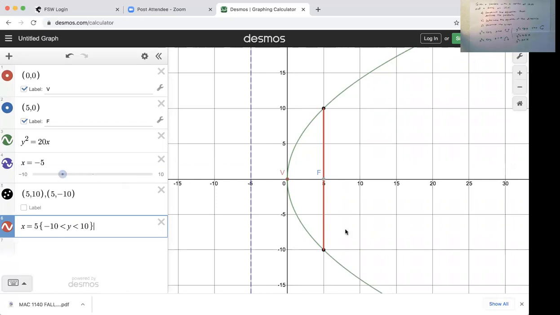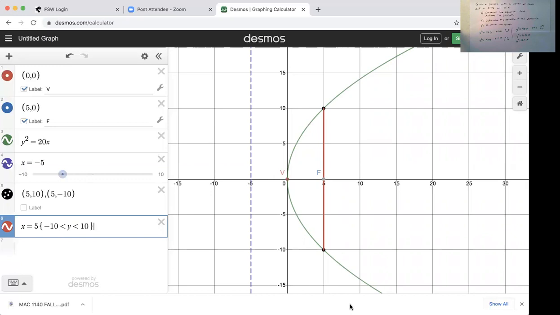But again, the points on the parabola are the same distance from the focus as they are from the directrix. This point, the vertex, is 5 units from the directrix and 5 units from the focus. This point is 10 units from the focus and 10 units from the directrix.